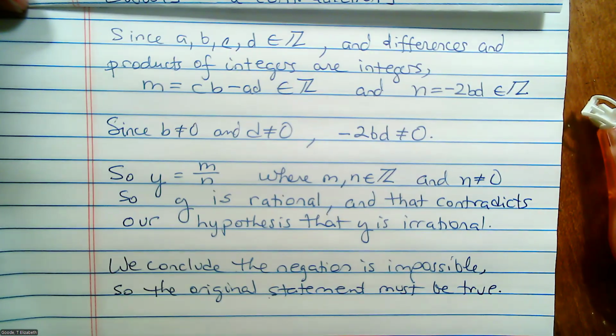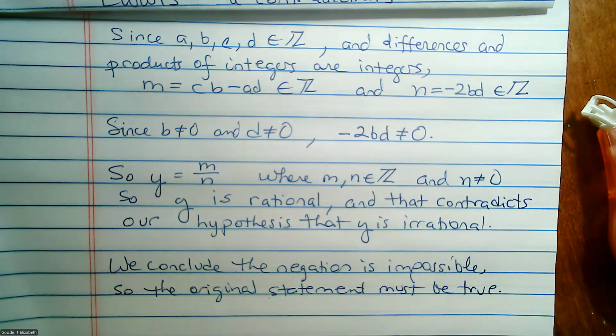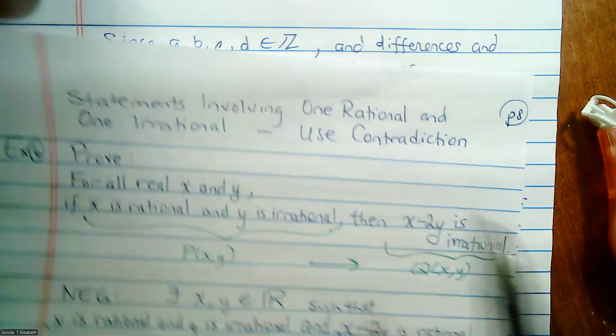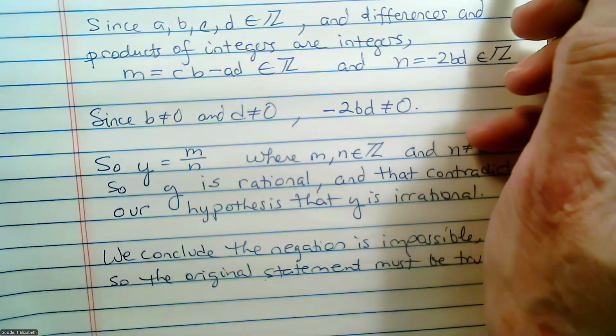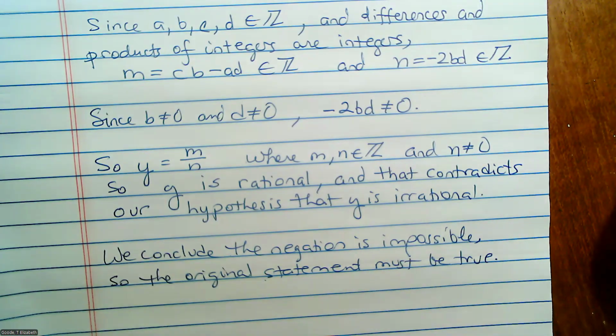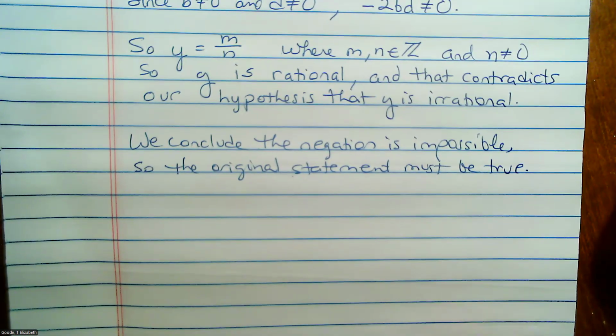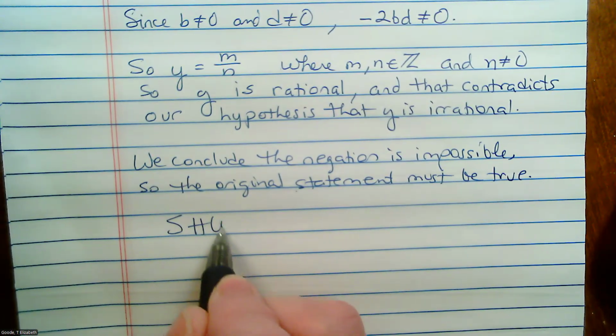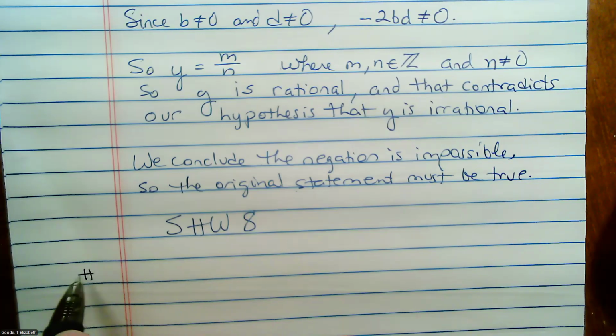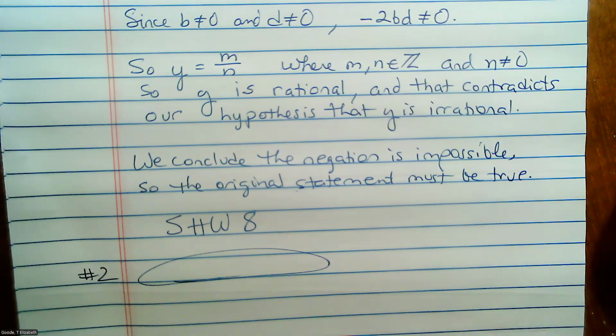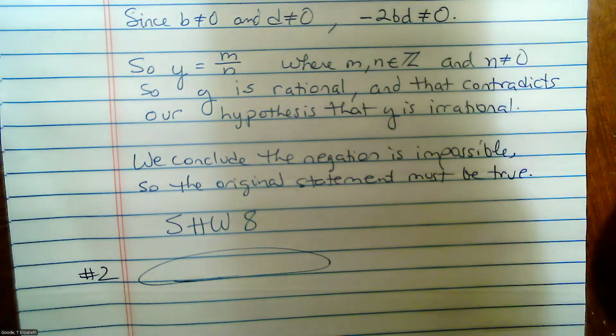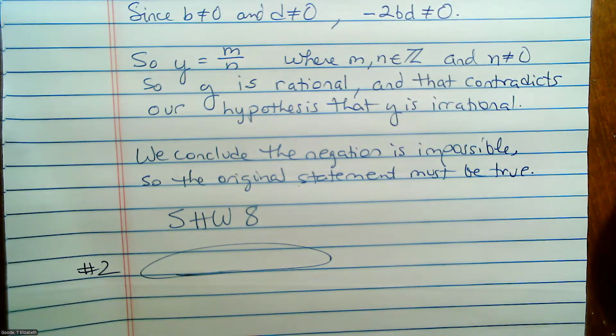You can only prove this one by contradiction. Any statement involving one rational and one irrational, you want to attack with a proof by contradiction. And in special homework 8, problem number 2 was some expression that involved the square root of 2. You're going to want to attack that with contradiction as well.